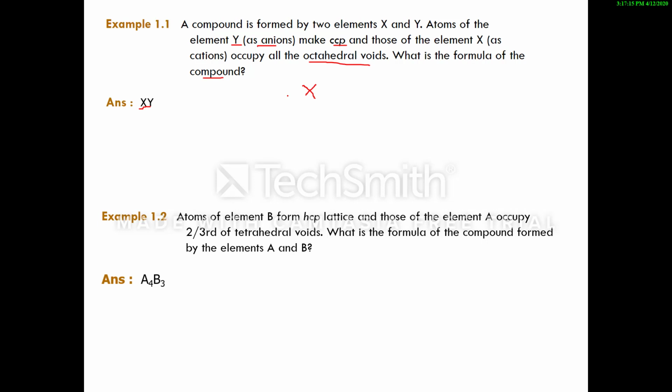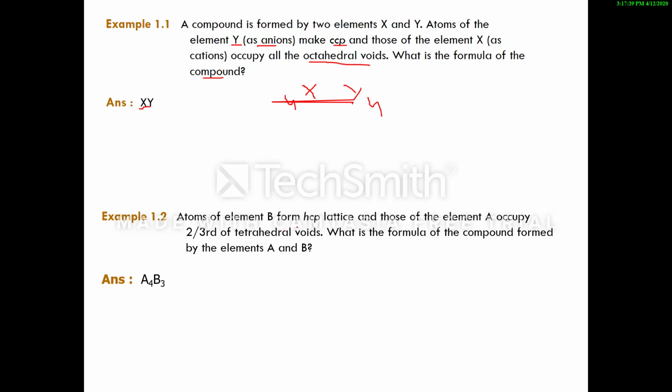How many octahedral voids are there? Octahedral voids are 4. And the anions make the CCP arrangement, that is Y, so the number of particles is again 4. So the ratio 4:4 is 1:1, that's why the formula becomes XY. Is it clear? Now come to the next.